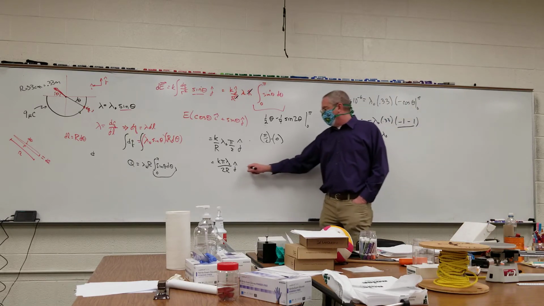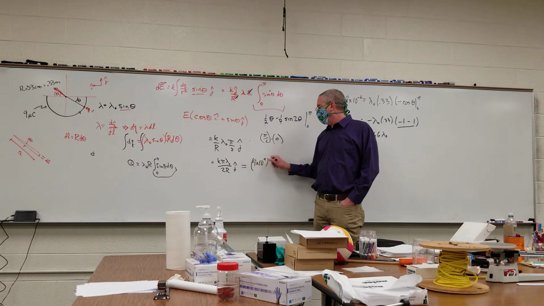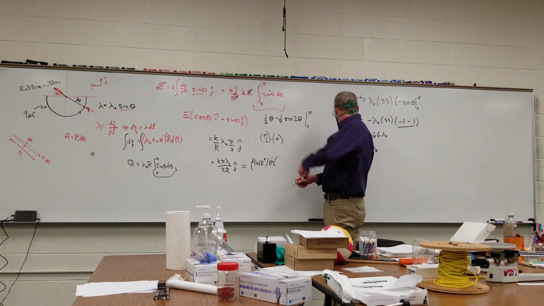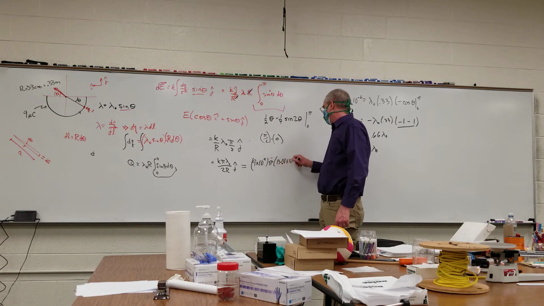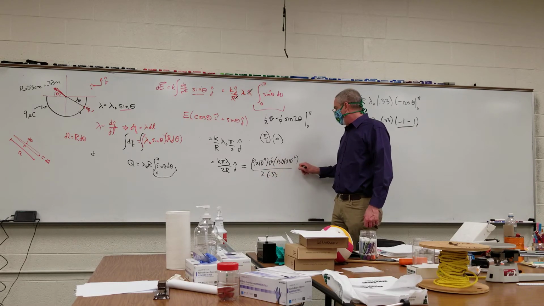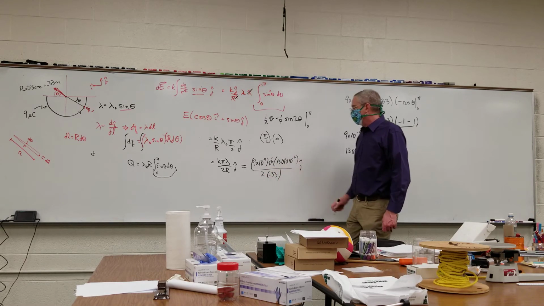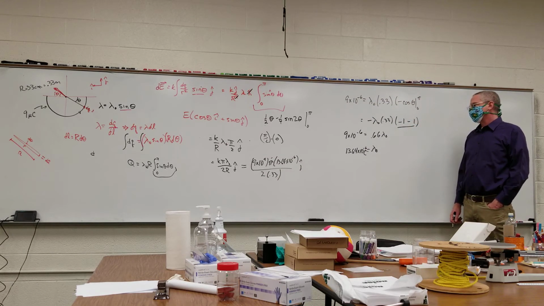And so the electric field at that point would be 9 times 10 to the 9th times pi times 13.64 times 10 to the negative 6th divided by 2 times the radius, 0.33, J hat. That's going to be a big number.